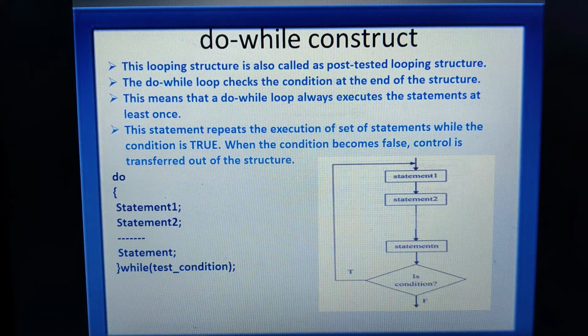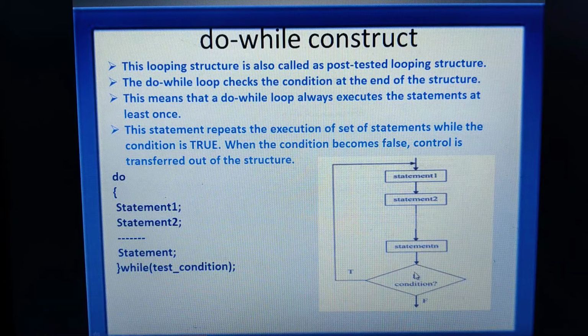Here also, the structure repeats the execution of the set of statements until this while condition is false. Once the while condition is true, again the repetition takes place. Once the while condition is false, the control directly jumps to the next statement. Look at the flow chart here. Initially statement 1, statement 2, statement n will be executed.